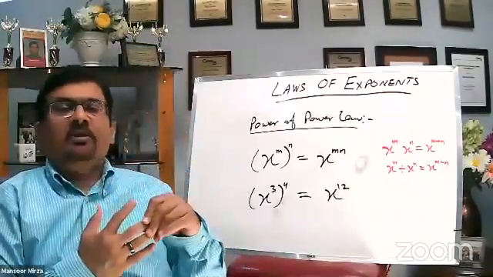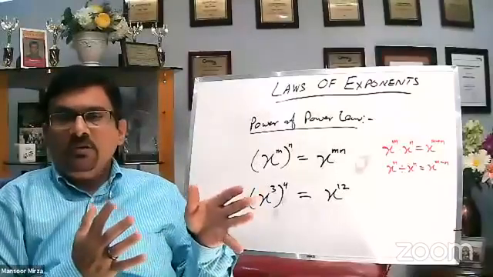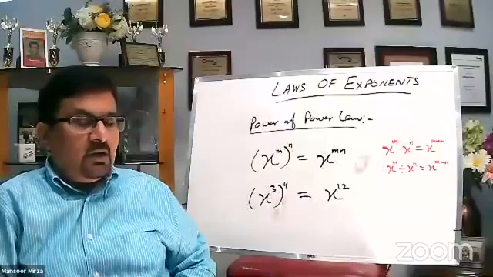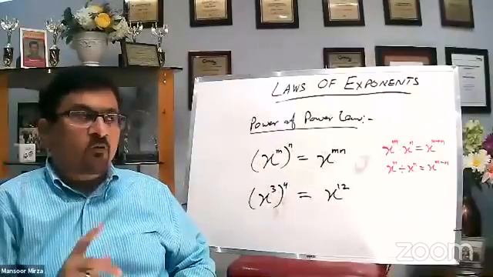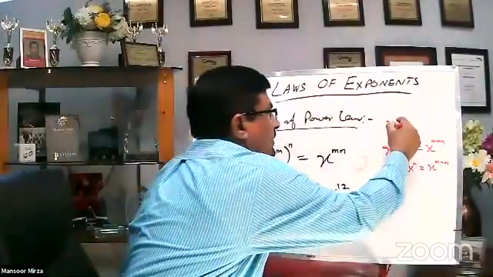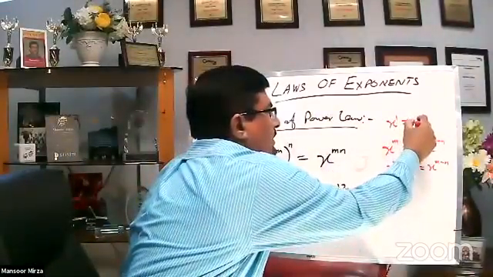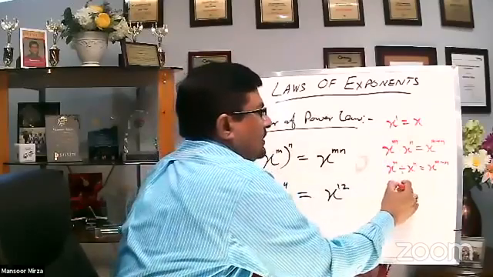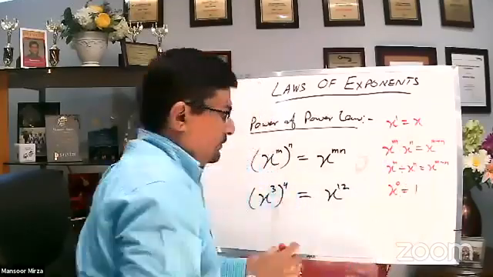So what we have discussed today: the first law we covered is the exponent of 1 law, which I explained here. If this was 1, this becomes x. Then we covered the x 0 law, meaning if it was 0, it becomes 1.